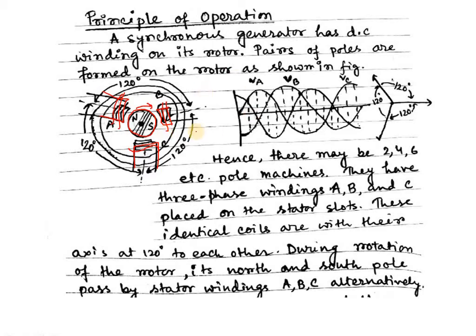That means the flux which is created due to this three-phase supply is rotating in nature, 360 degree motion, okay, and the flux created by DC supply is fixed, and that flux will cut the three-phase rotating flux.